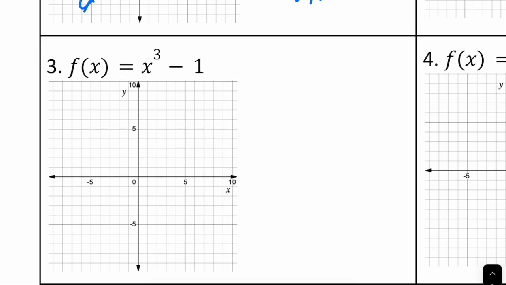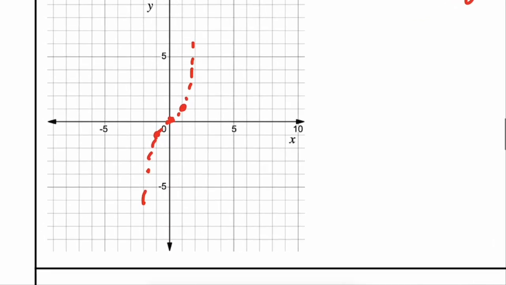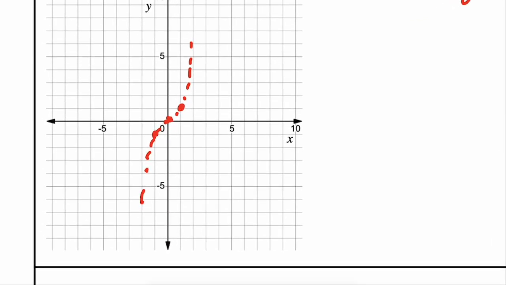So here, our parent is y equals x cubed. Let's put that on our graph. Okay, so we have those good points at negative 1, negative 1, 0, 0, positive 1, positive 1.